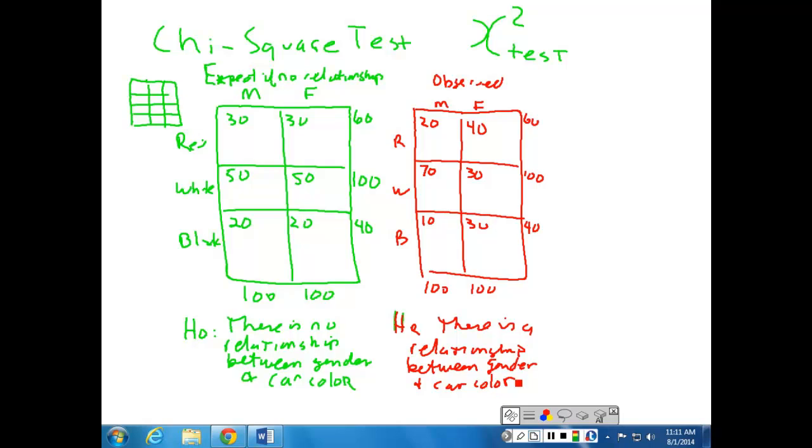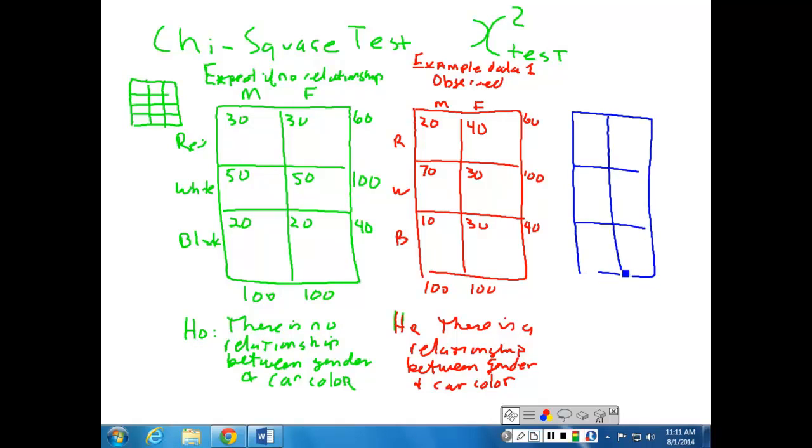We'll call this example data 1. So let's say, now that wasn't the data. That's one possibility. Let's say that we had this data. Actually, I'm going to show you a couple of things here.